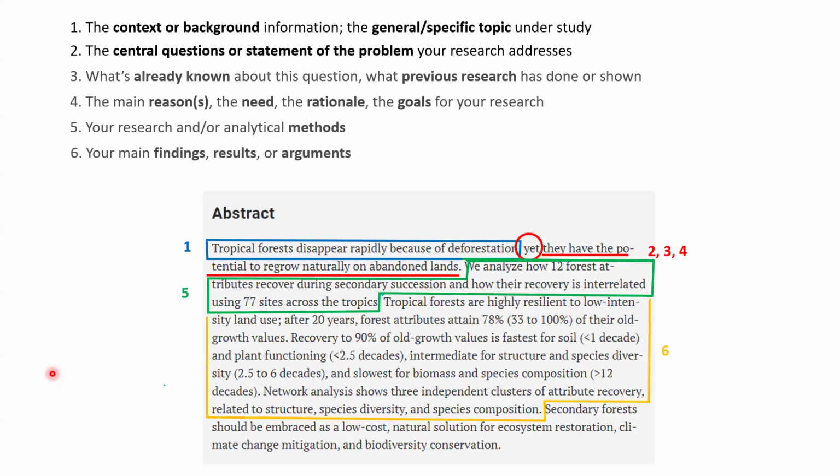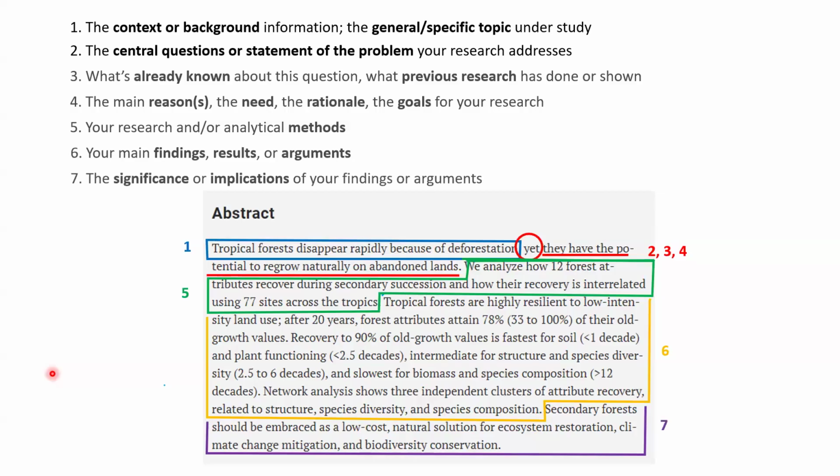And the bulk of the next write-up is all about the findings, the results, right? with all the statistical or the numerical values. And the last sentence is the conclusion or the findings or the argument. "Secondary forests should be embraced as a low-cost natural solution for ecosystem restoration, climate change," and so on. So that is the final outcome that is there, right?